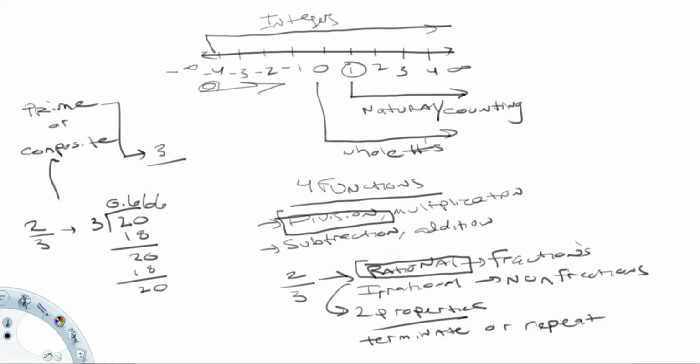So we can see that this is going to continue on, and it's going to continue repeating. We see a pattern going on, so I put a bar line. As I said, one of the properties of rational numbers is that they repeat, and we see that here. What about a non-repeating or terminating rational number?